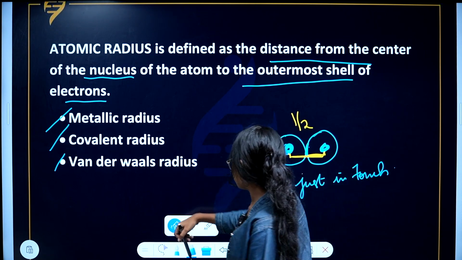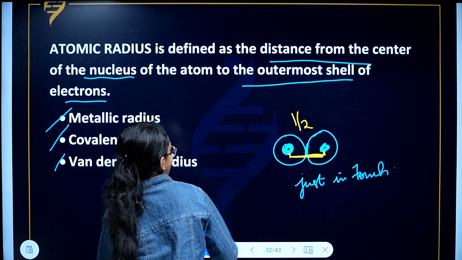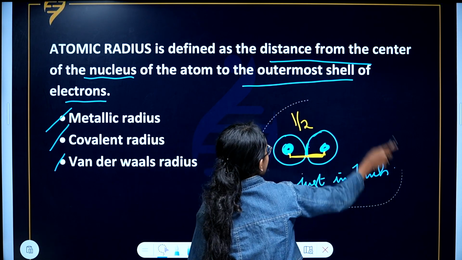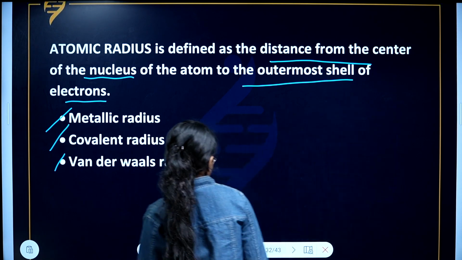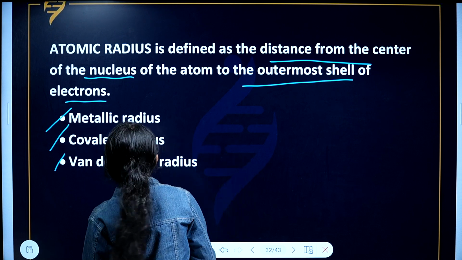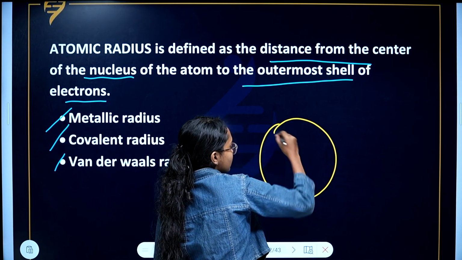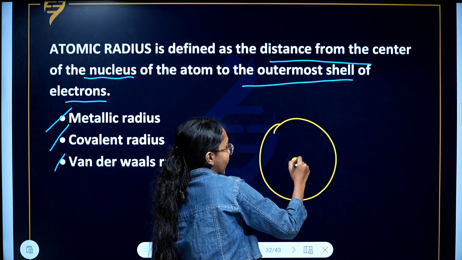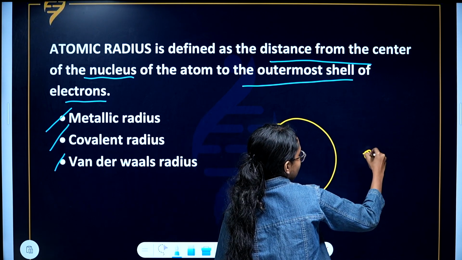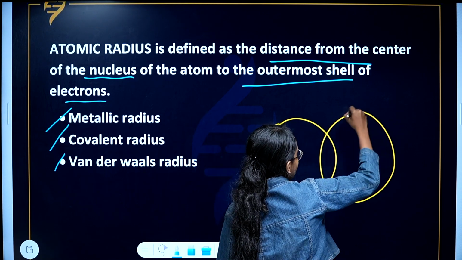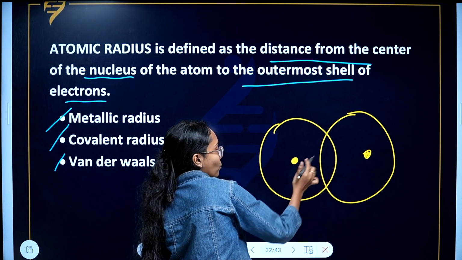Now coming to covalent radius. Covalent radius is just simple. An atom is here, another atom is here, and they are overlapping.